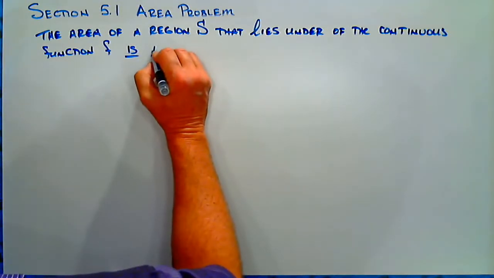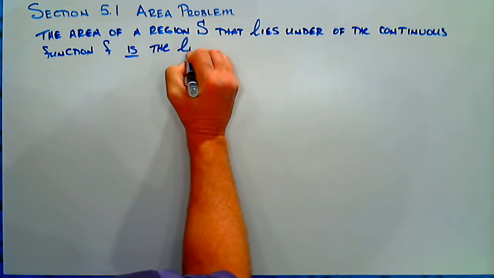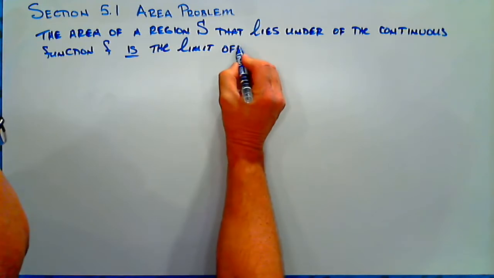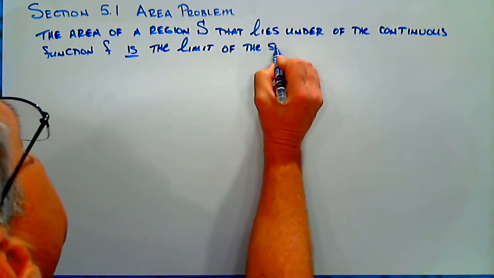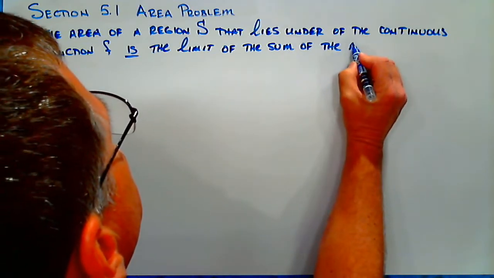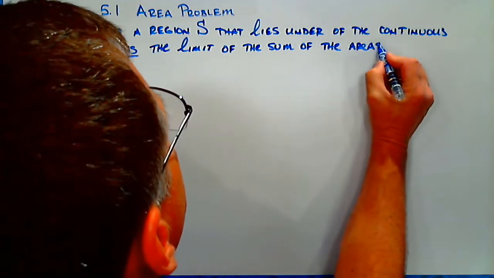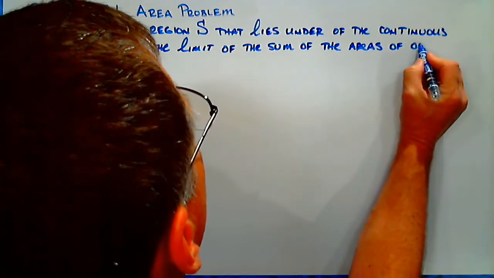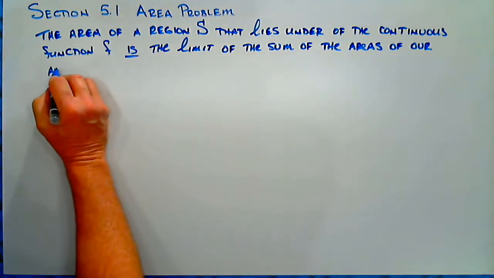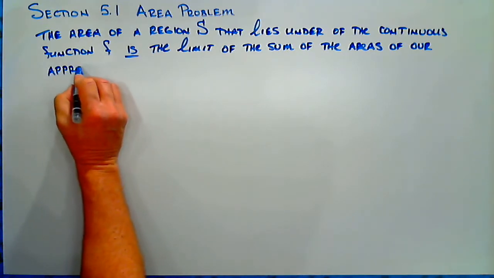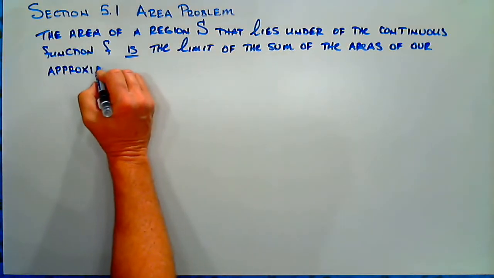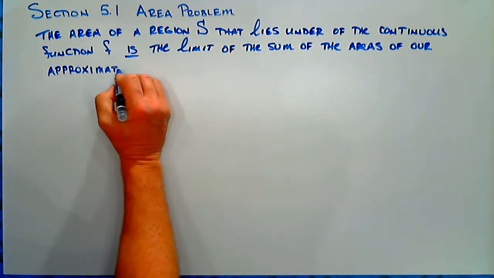It is the limit. That's what we just discovered. It's the limit of the sum of the areas of our, now we're going to call those our approximating rectangles, because we know they're not really the actual area.